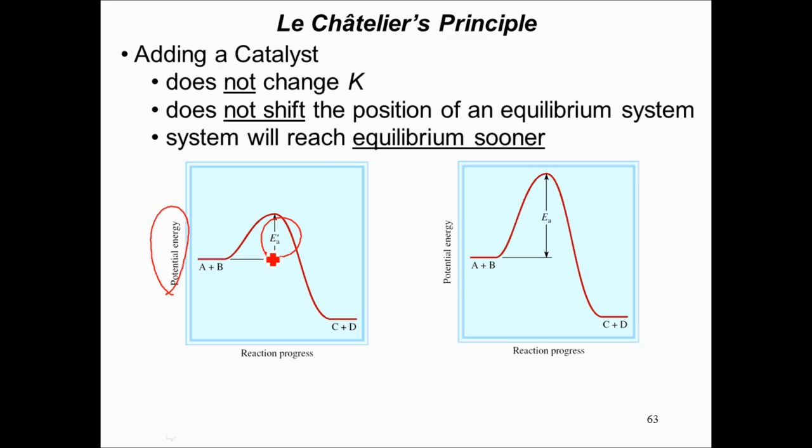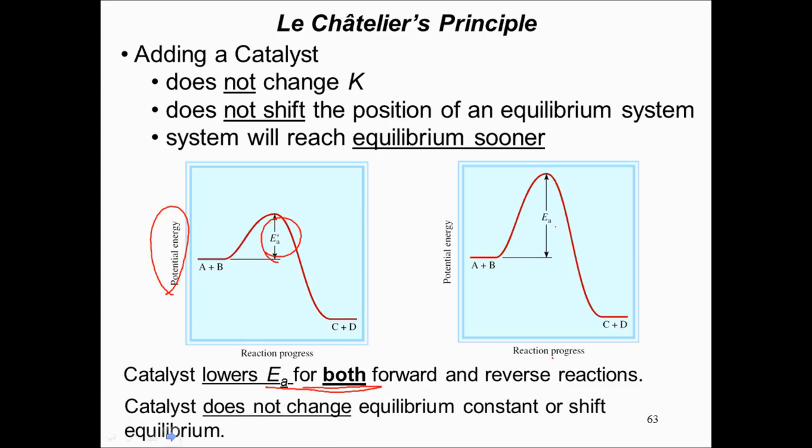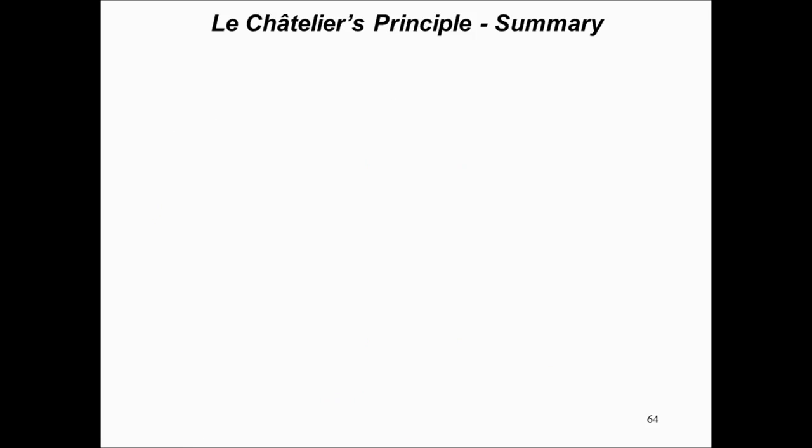And what happens in a catalyzed reaction is that we do see that we will have a lower activation energy, and this will make the reaction go faster. Catalysts will lower EA for both the forward and the reverse reaction, but the catalyst does not change the equilibrium constant or shift the equilibrium.